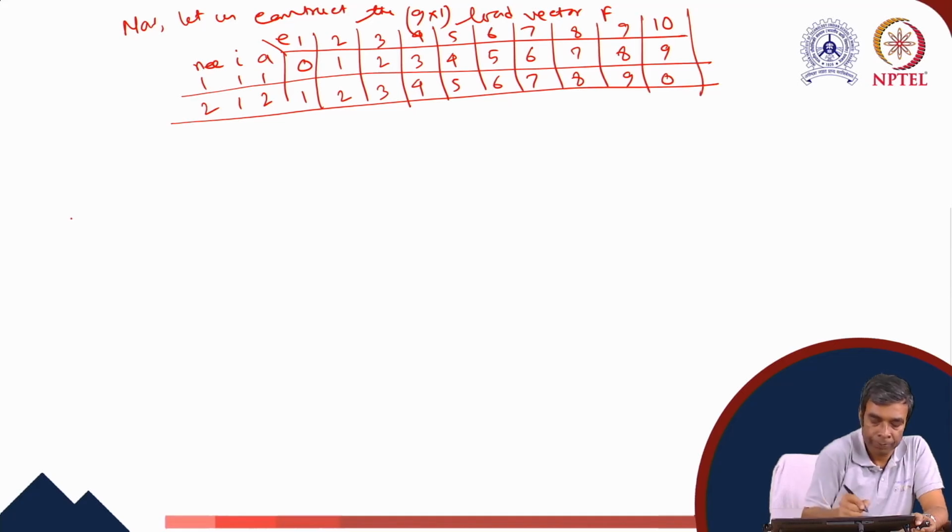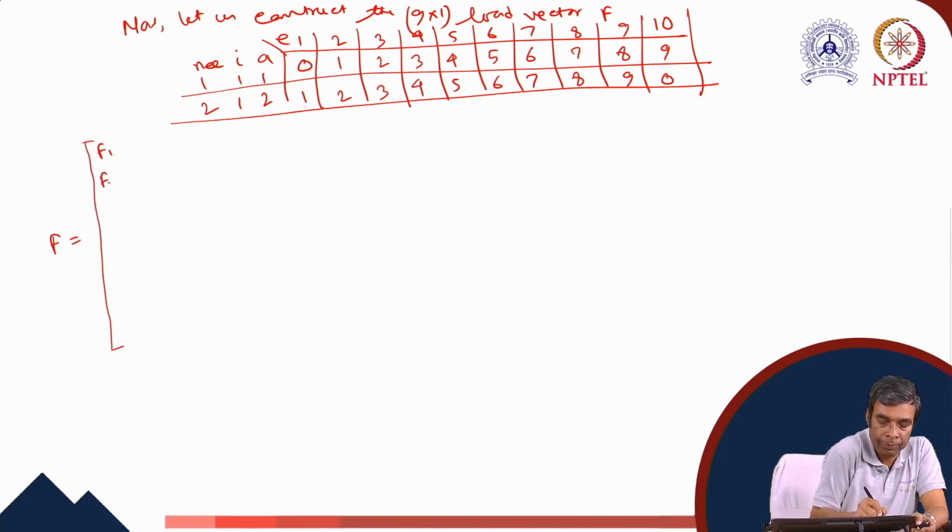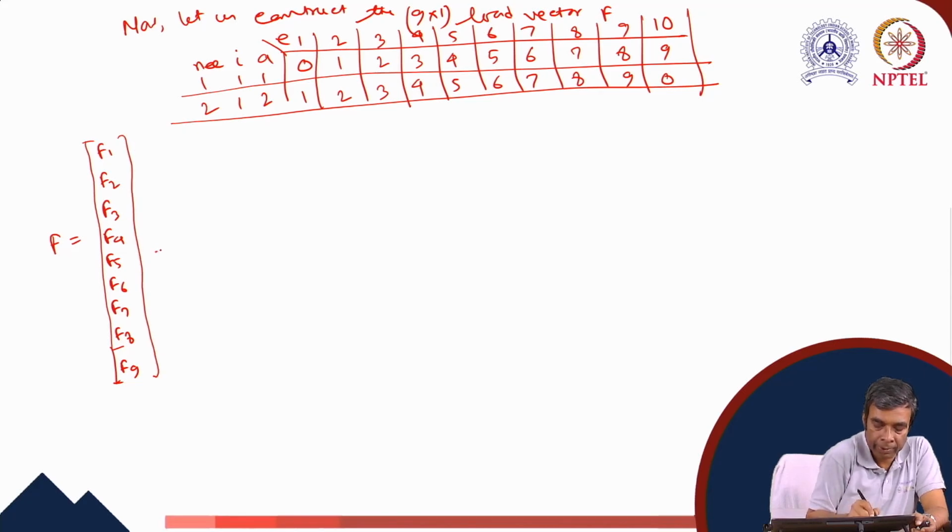So now the load vector F equals F1, F2, F3, F4, F5, F6, F7, F8 and finally F9. This comes as F1.